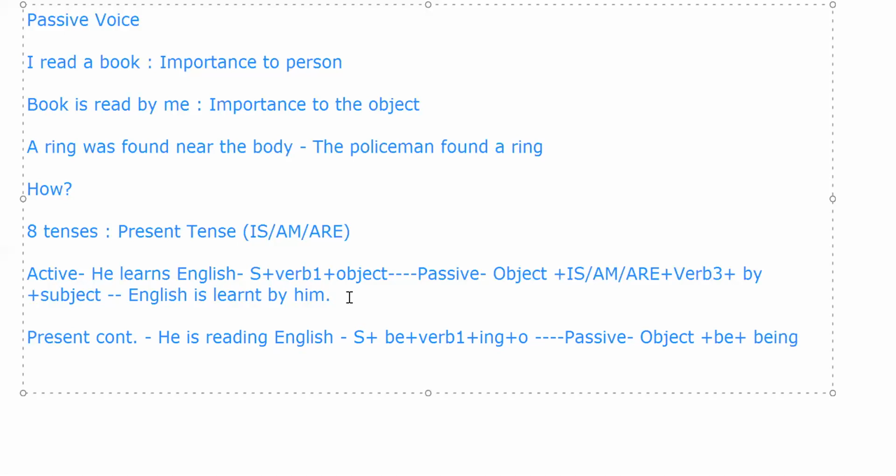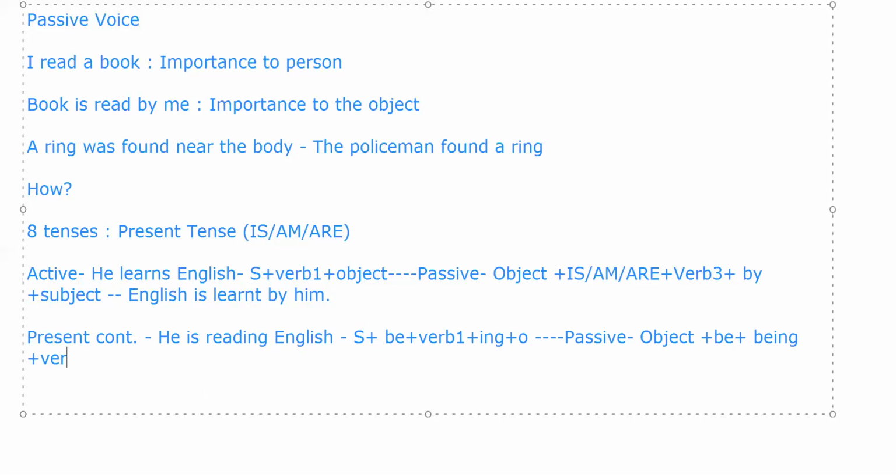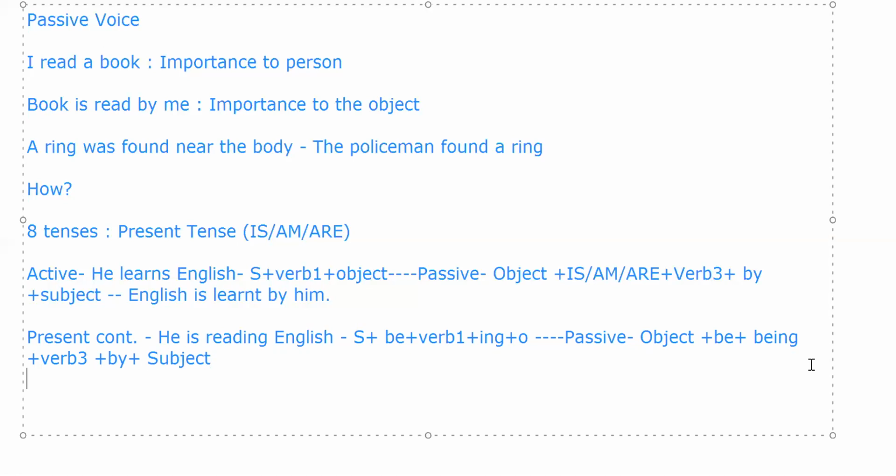A special entry of being is here because there is an ing associated with the verb. The verb will have its third form, with by plus the subject. This is how it will be changed. So the answer is: English is being learnt by him.